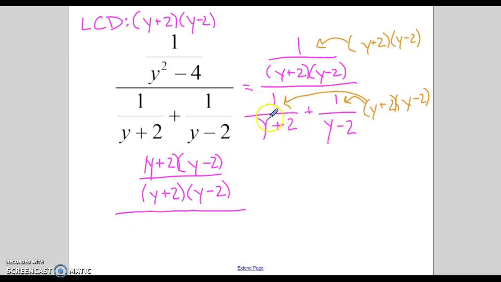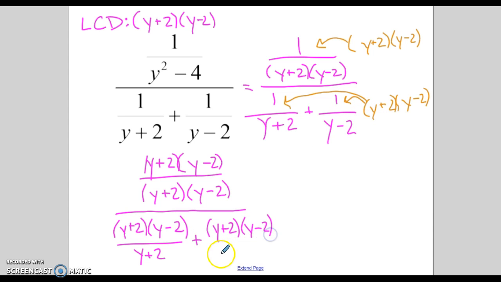So when I multiply it by this, I get y plus 2 times y minus 2 over y plus 2, and then plus, and then when I multiply this term by that LCD, I get y plus 2 times y minus 2 over y minus 2.